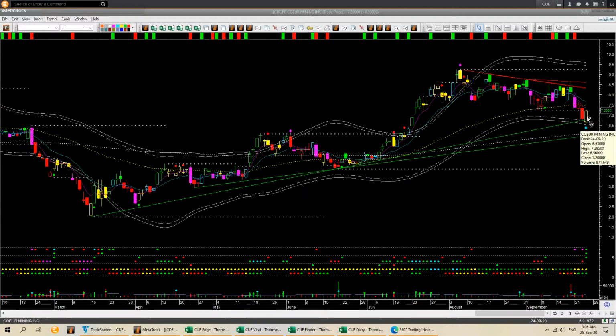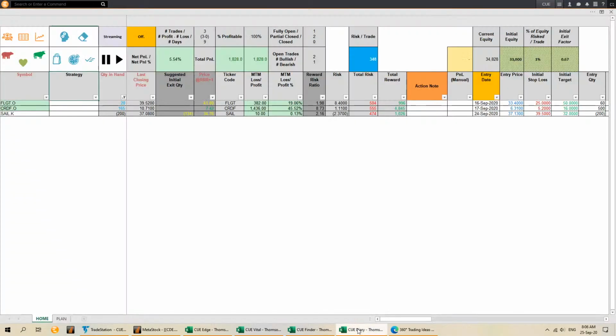Let's say our entry will be if stock price goes above yesterday's high. Yesterday's high was 7.285. Let's say 7.3. So I'm going to go to diary. This button will take me to the home, to the plan tab from the home tab.